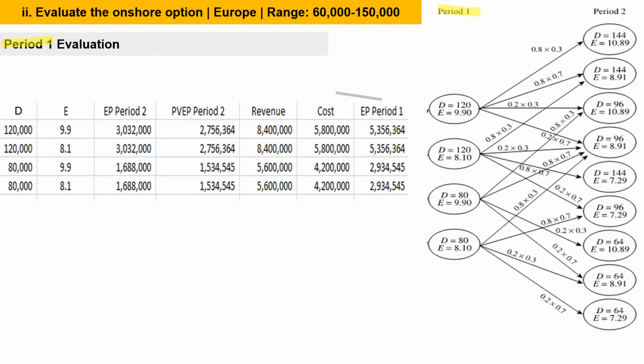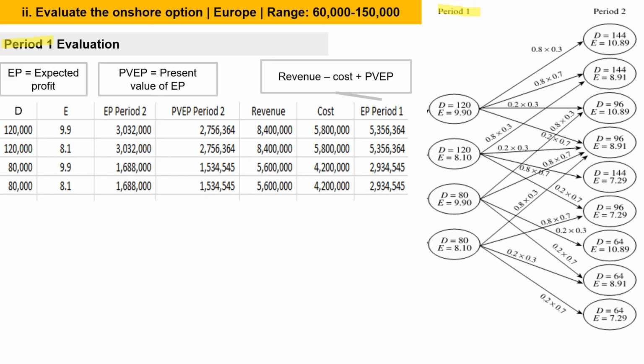So the period 1 is here, the nodes, and we made this table that contains the expected profit, or EP, period 2 that will be discounted to period 1, and also the PVEP, or present value of expected profit from period 2 that will be discounted to period 1, and then the revenue, the cost, and the expected profit of period 1, or the profit for this period, that we will get from the revenue minus cost plus the PVEP here.